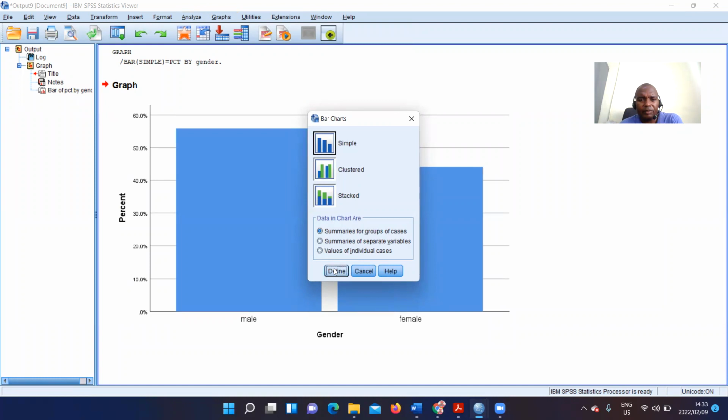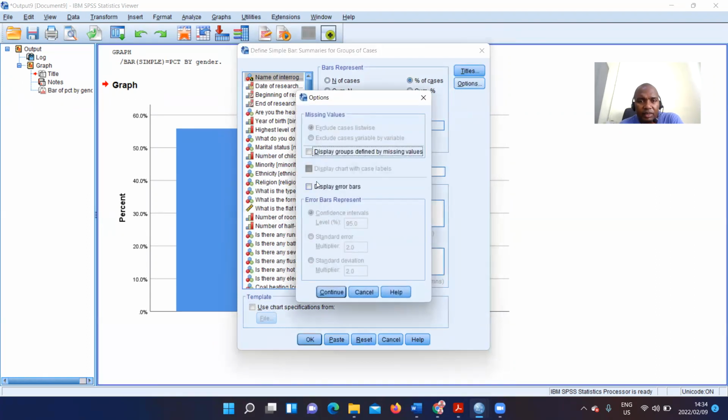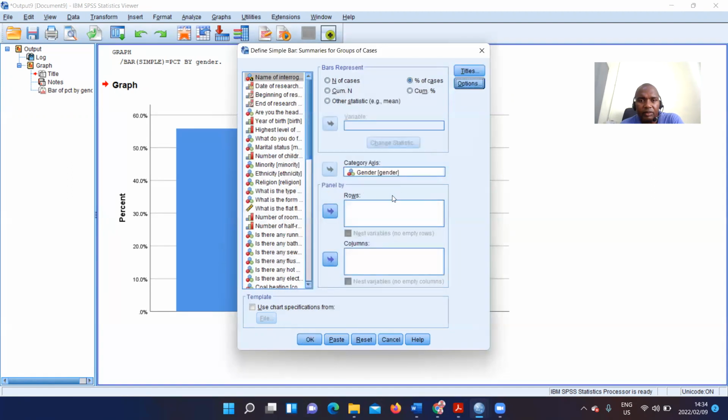And then we can also go to graphs, legacy dialogues, simple, define. We can also have options. Continue.